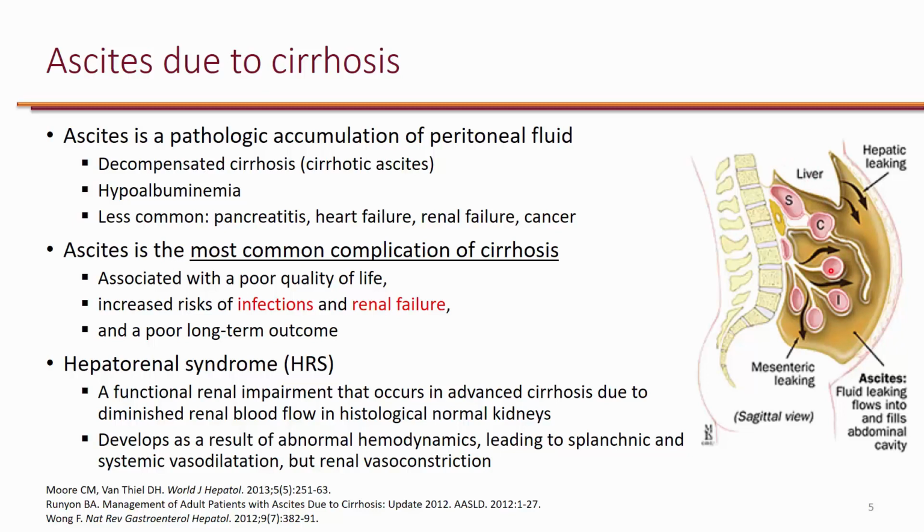Fluids will come out of vasculature in advanced cirrhosis. This is one of the decompensations of cirrhosis. So in advanced cirrhosis, fluid will come out of leaky vasculature and enter the peritoneal space over here.